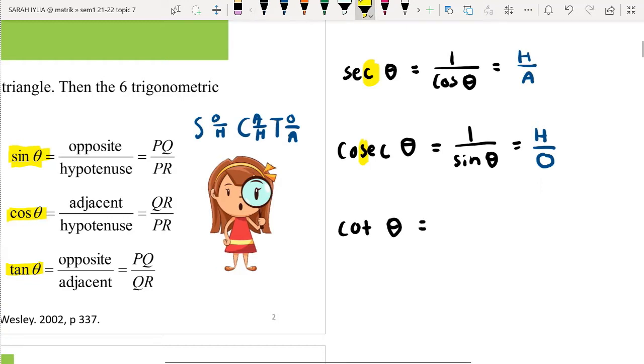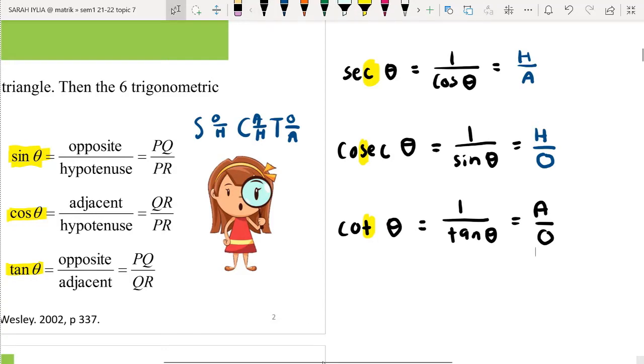The third letter is T, so it equals 1 over tangent theta, and the ratio is adjacent over opposite. That is basically all six trigonometric ratios.